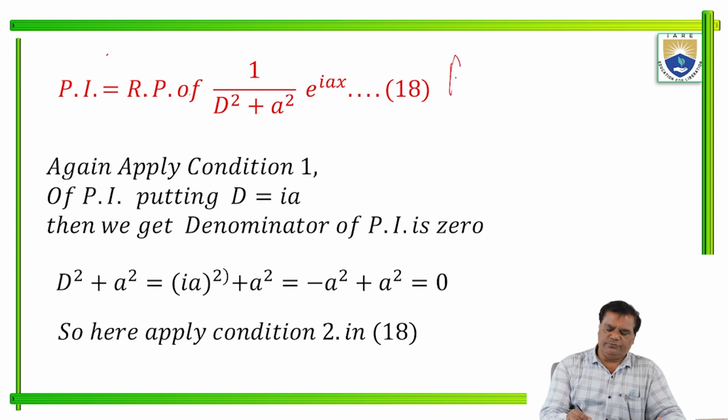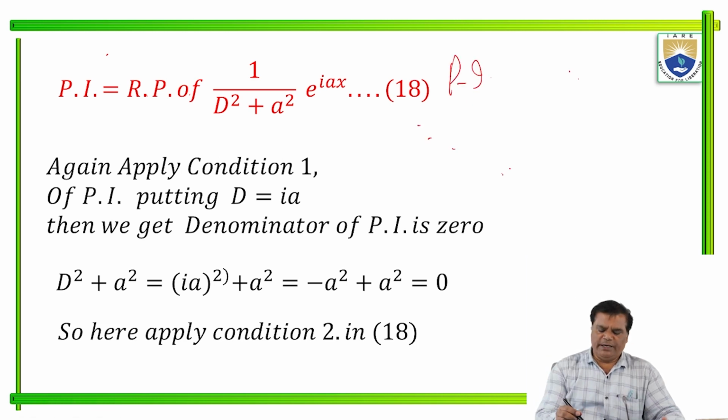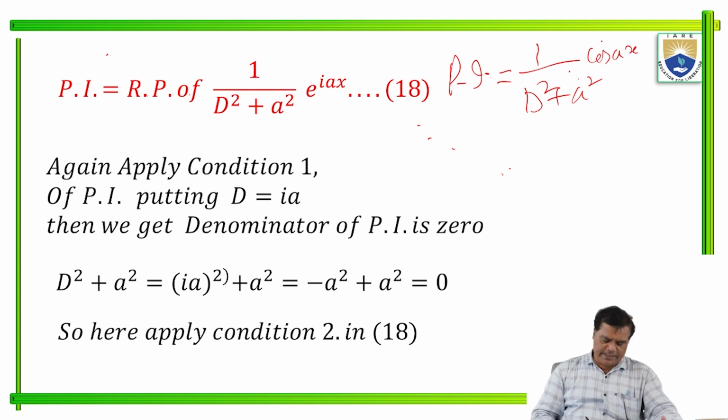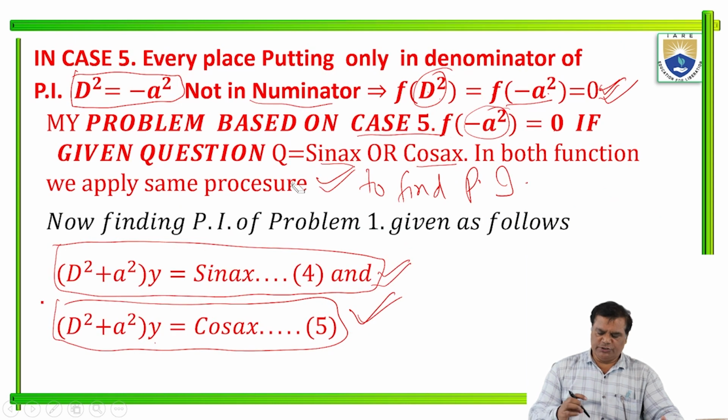PI equals 1 upon D square plus A square into cos Ax. This is the step I already wrote in the last result, equation 17.